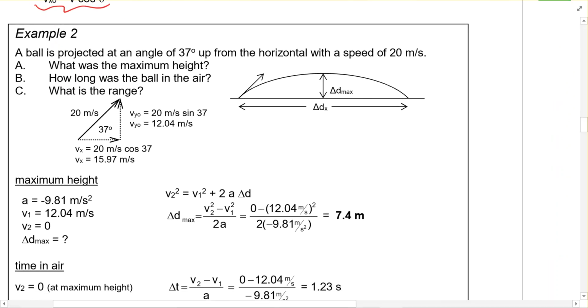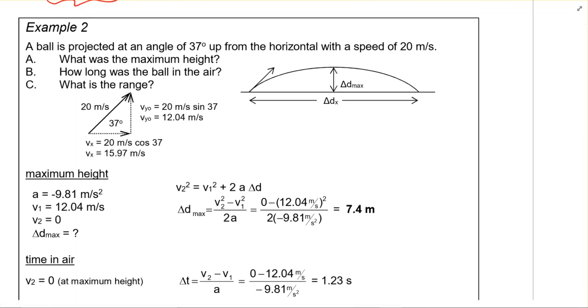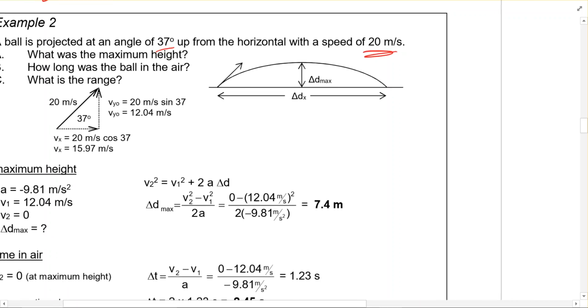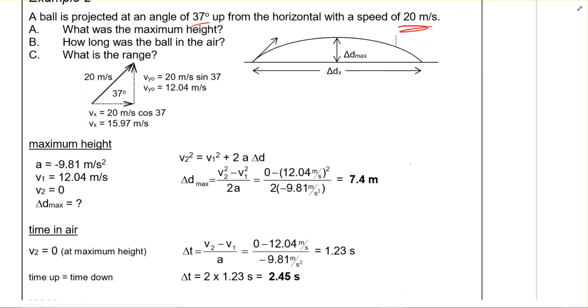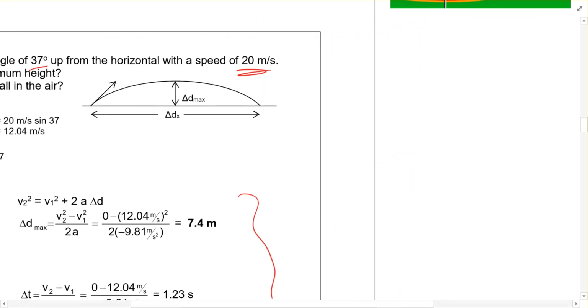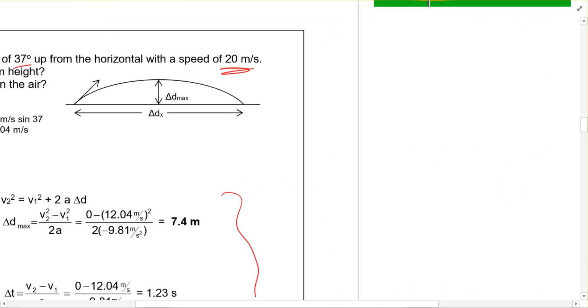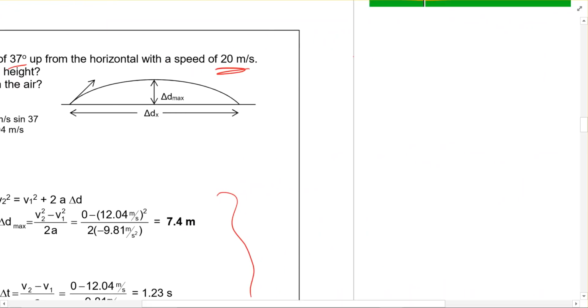All right, so example 2: the ball is projected at an angle of 37 degrees up from the horizontal with a speed of 20 meters per second. I got to split this up. What was the maximum height? So again, I just like the table, so I'm going to do the table again over on the side. We're going to split this up into its x and its y.